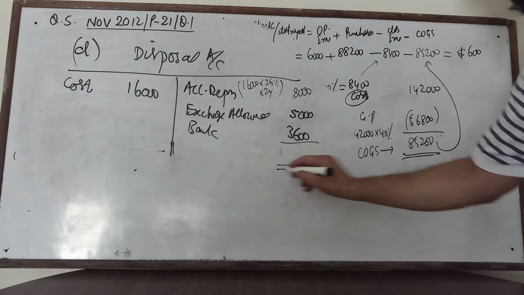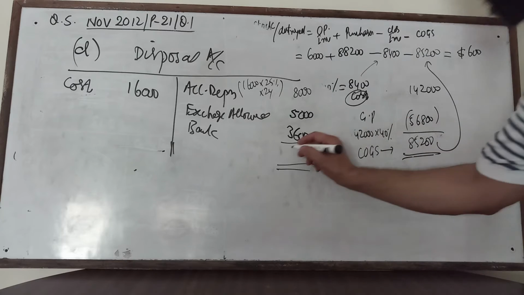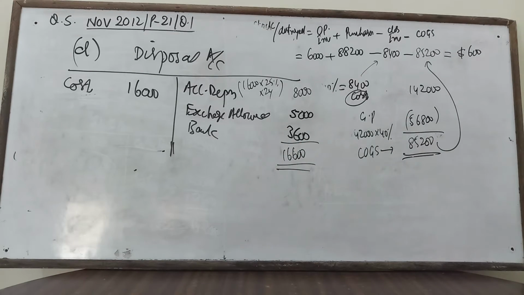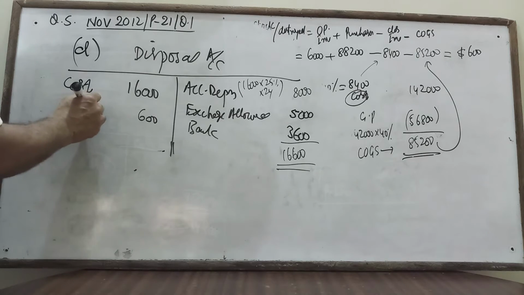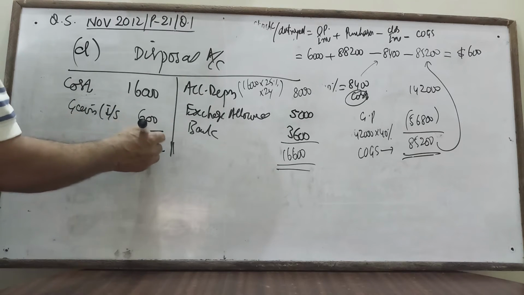When you add this, the total of this side is 8,000 plus 5,000 plus 3,600, which is 16,600. Minus 16,600 will be your gain. The gain will be transferred to the income statement.